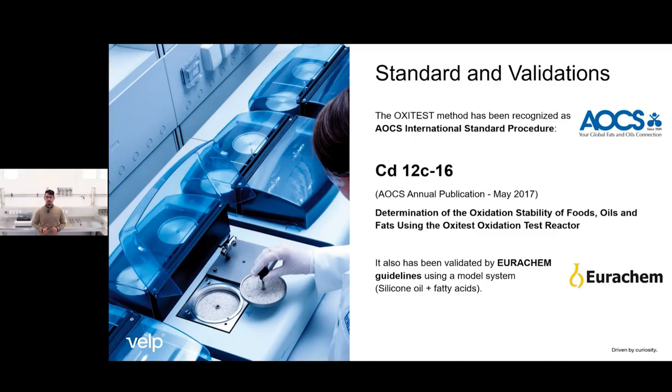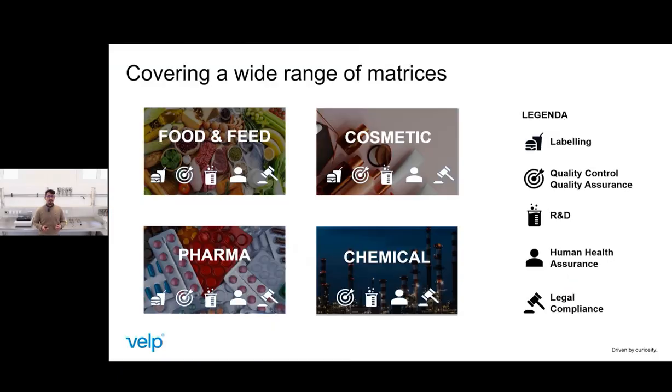So this ensures the method's accuracy, reproducibility, and reliability, confirming that the Oxitest provides not only fast but also consistent results. It is also versatile because it can be applied to a variety of matrices, not only food, as we will see with Damiano, but also cosmetic, pharmaceutical, and chemical products, making this instrument a valuable tool for R&D laboratories, but also quality control teams across multiple industries.